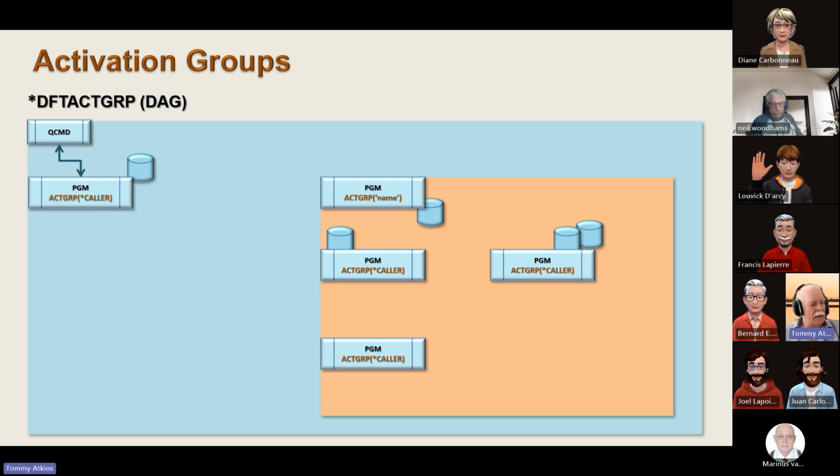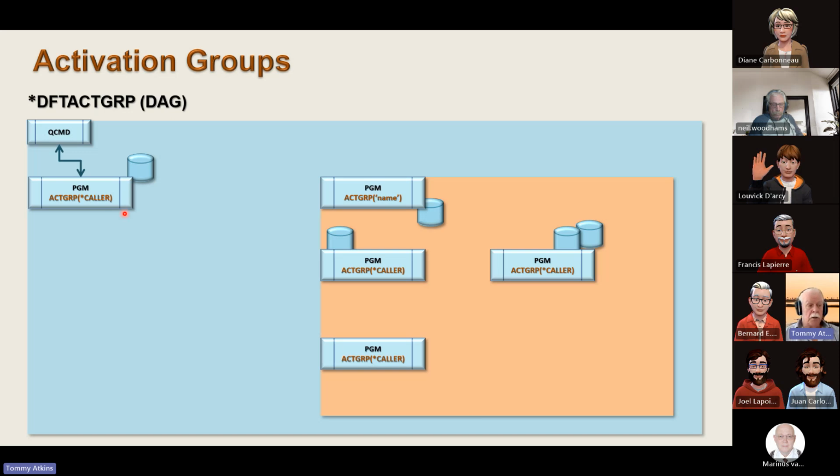Okay, when I go back like that, if this program exited by sending an escape message to that program, then even though this is a named activation group, it will be rolled back and all resources will be recovered automatically if that message goes back there as an escape message. Okay, does that answer the question?